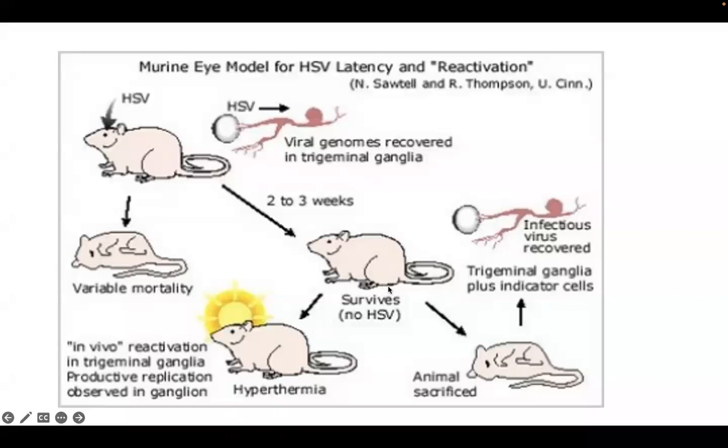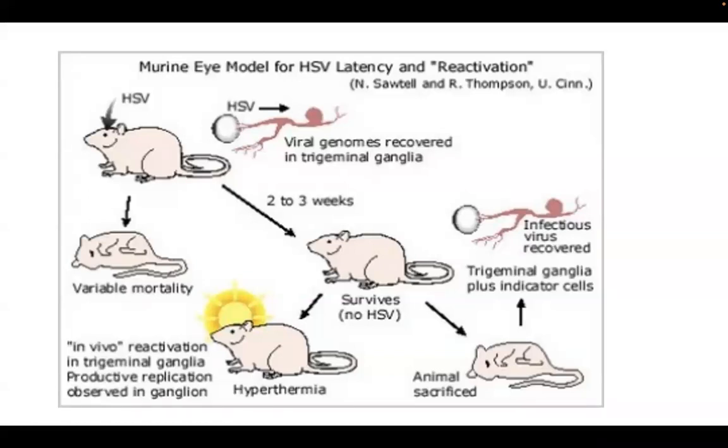And once the infectious HSV is recovered, the mice can now be sacrificed, I think they call it euthanized. They can kill the mouse to harvest the different organs of interest and do further studies on the virus of interest. So this also brings about the ethical issues again.